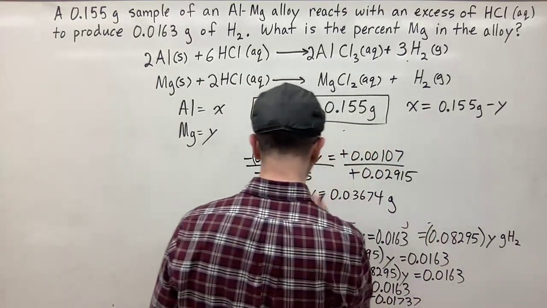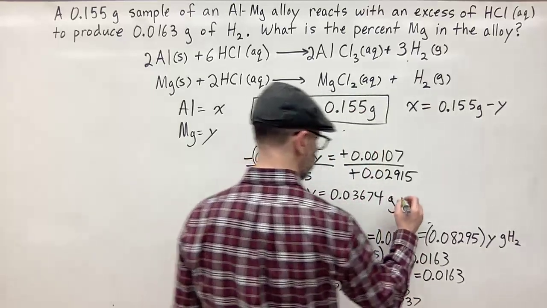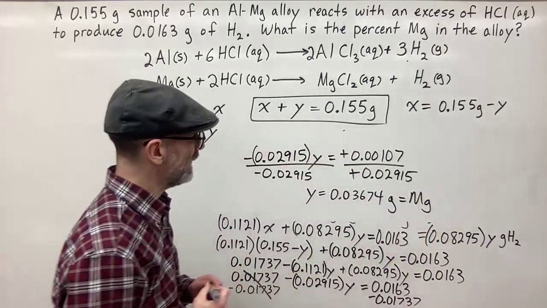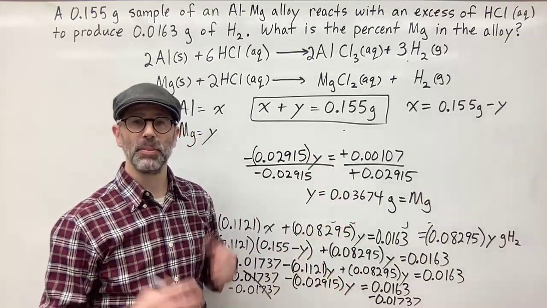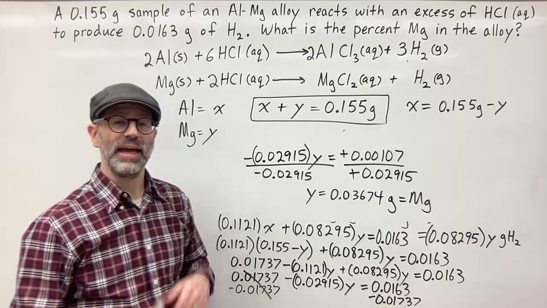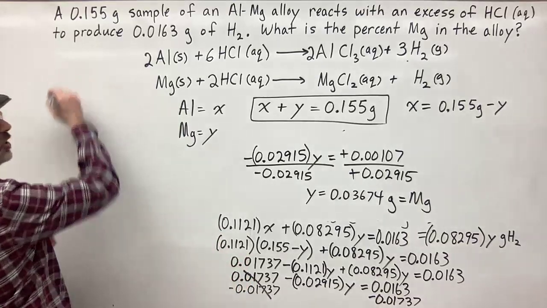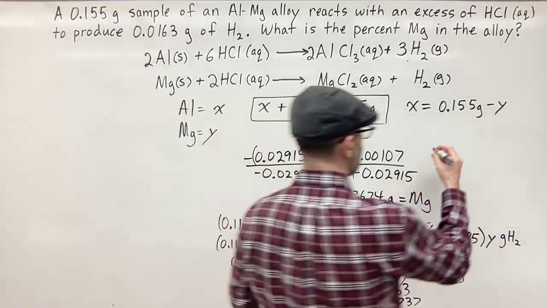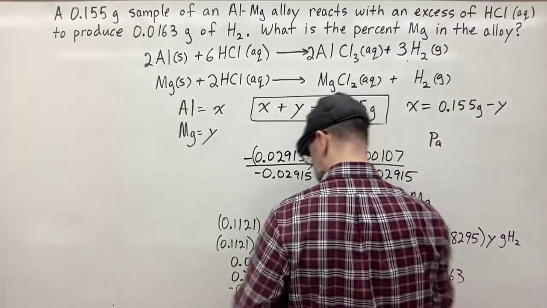And since Y is magnesium, this is grams of magnesium. So this is equal to the mass of magnesium in the original sample. So now I can find the percent magnesium. And how do you find a percent? Really easily. Just to remind you what a percent is, I'll write it over here.